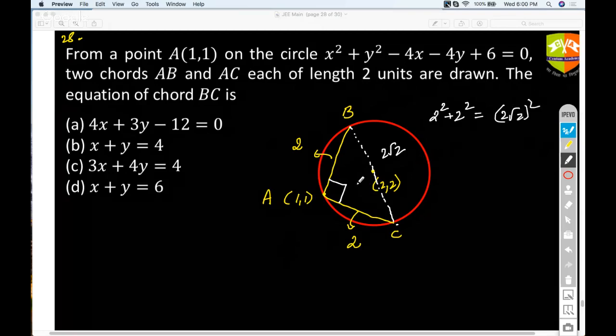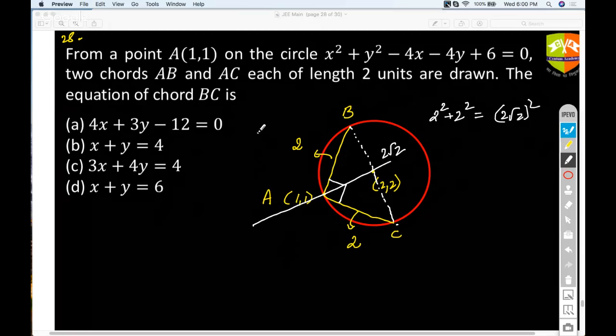So from this diagram, you can make out that your BC is the diametrically opposite ends of this particular circle, right? And not only that, the center and this basically are perpendicular.